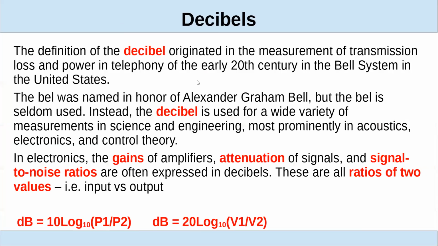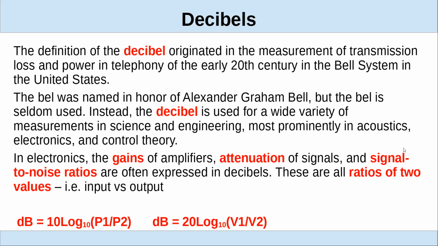Okay, decibels. The Bell Laboratories, the Bell system, started using the bell, which they named after Alexander Graham Bell, to measure things like transmission line and telephone amplitudes, because they had very large values.